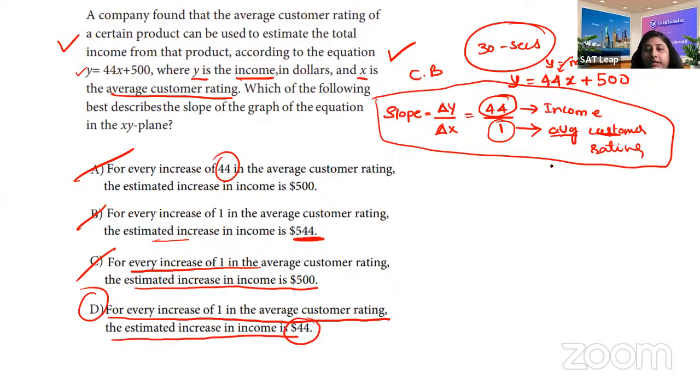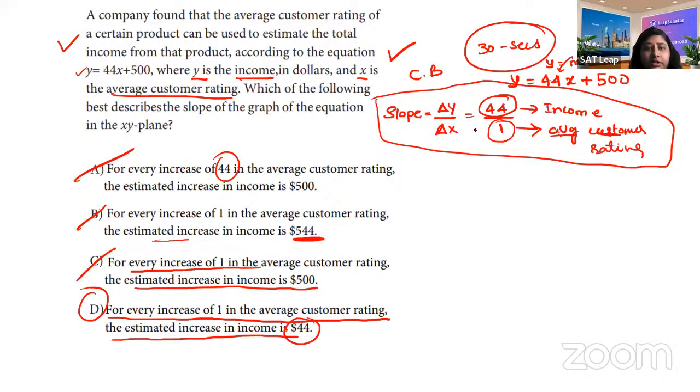This is what it is talking about, the slope 44. So the right answer is D. That's how you have to interpret the definition of slope according to the context given. Hope it is clear to everyone. It is simple, you just need to understand what each variable represents in the question, x, y, all that.